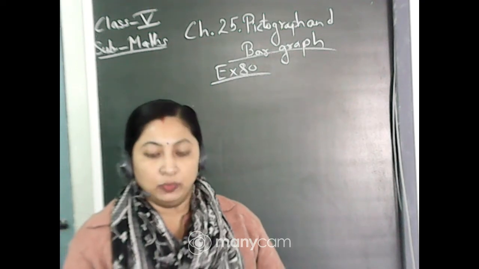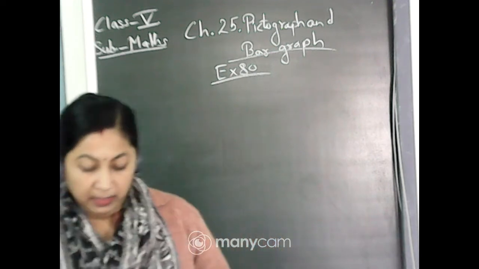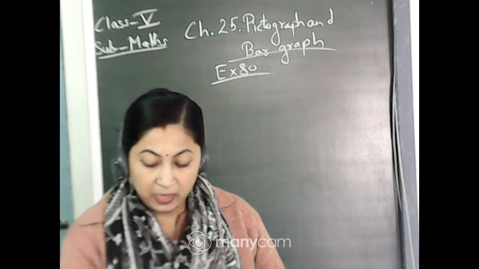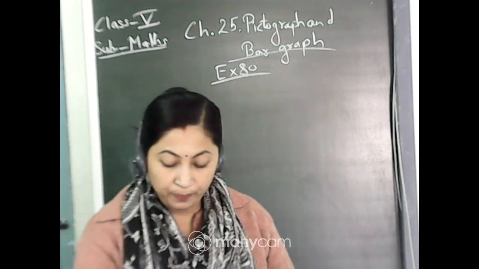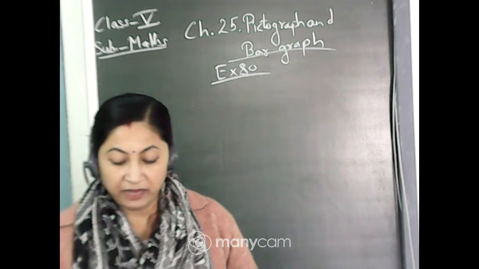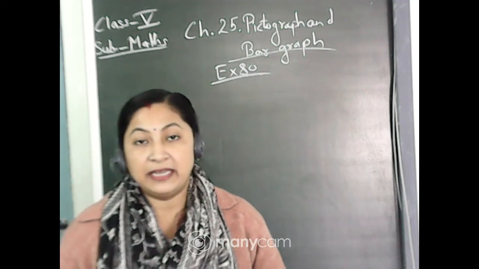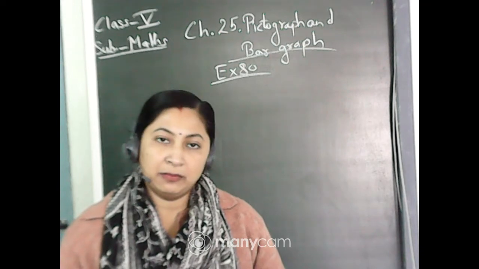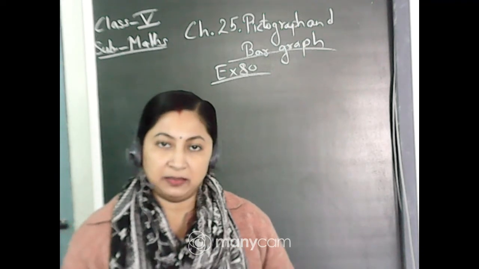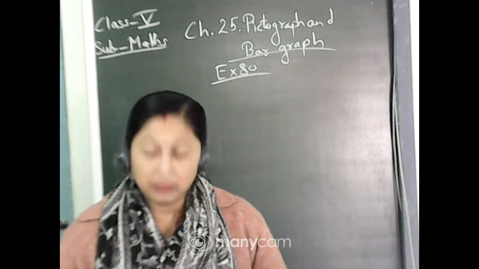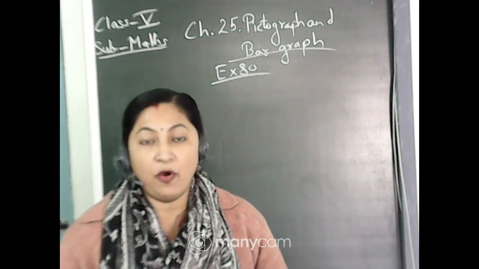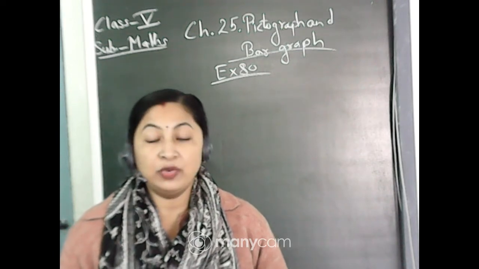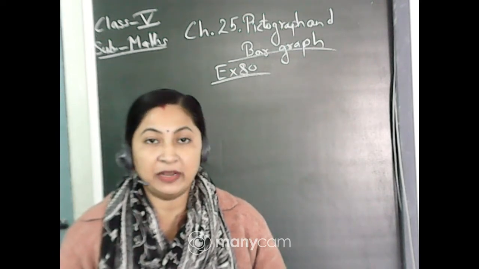As you have done in earlier classes, we will revise the meaning of data. The collection of information in the form of numerical figures is called numerical data, isn't it? Graph is the information regarding that data. If the data is shown in the form of numericals, then it is numerical data.